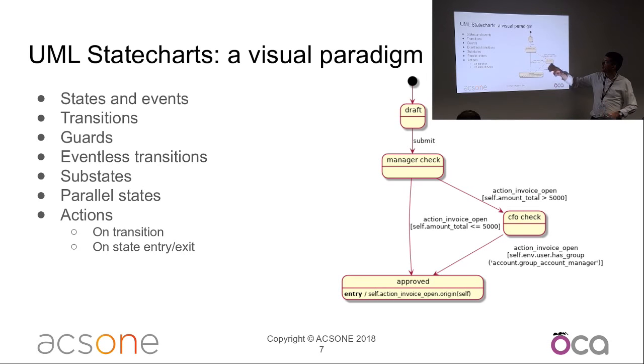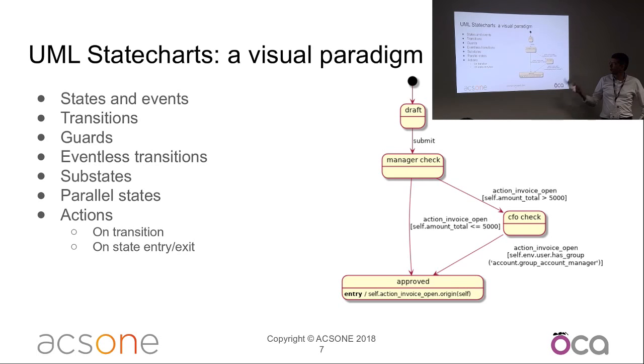But here you see that there is a guard on invoice open which says amount total must be greater than 5,000. And here the same event, but there is a guard which says amount total must be less than 5,000. Which means that depending on that condition, it will be either that transition or that transition that reacts to the event. And then there are concepts of actions you can do on transition.